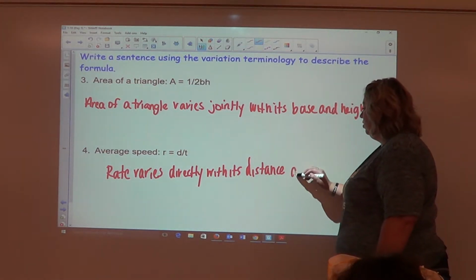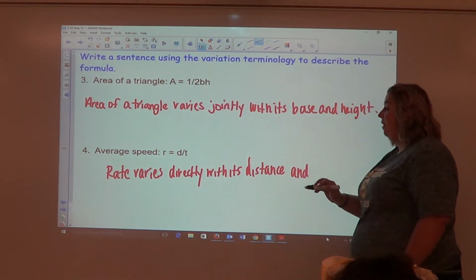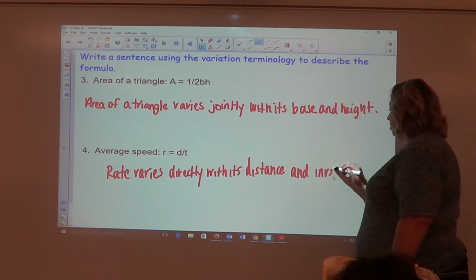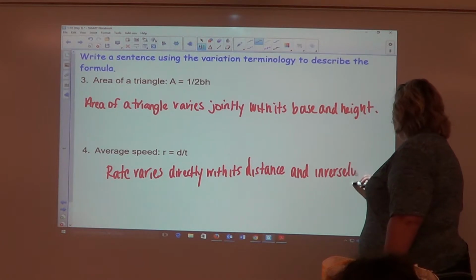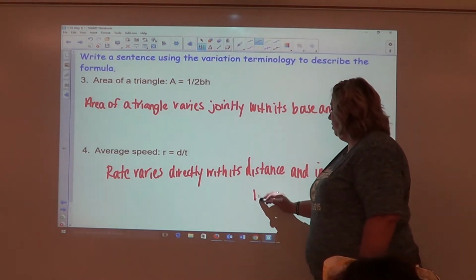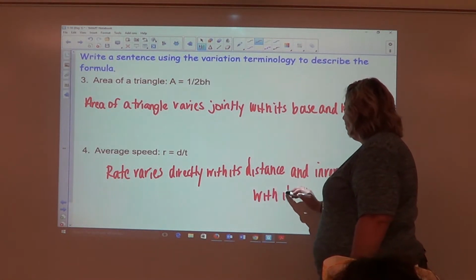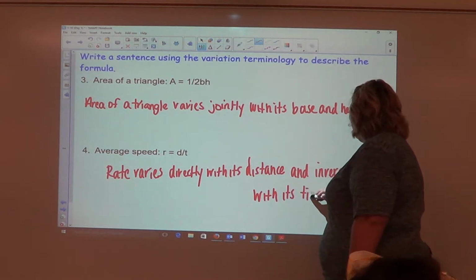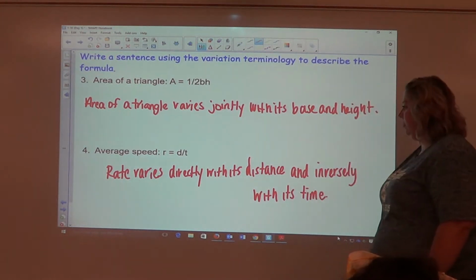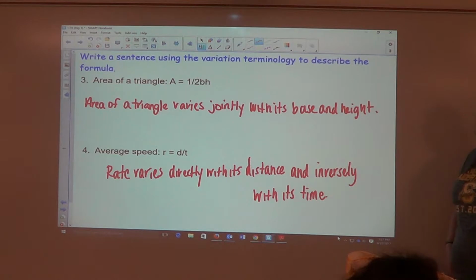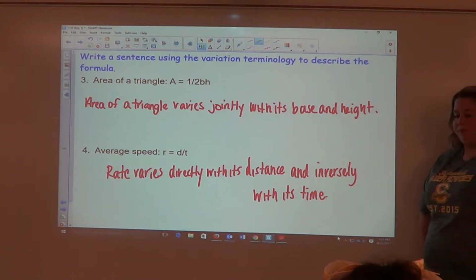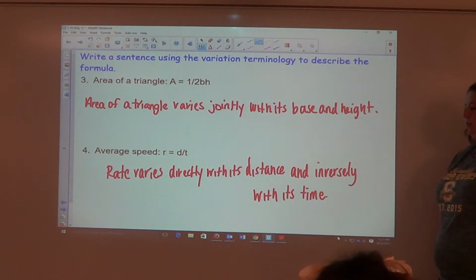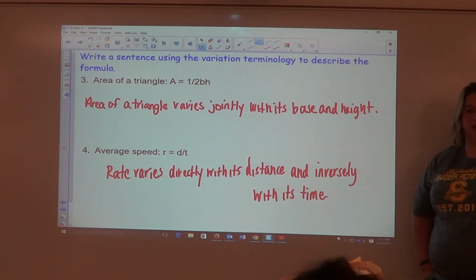And what's dividing mean? Inversely with its time. Everybody good on those 2 parts?